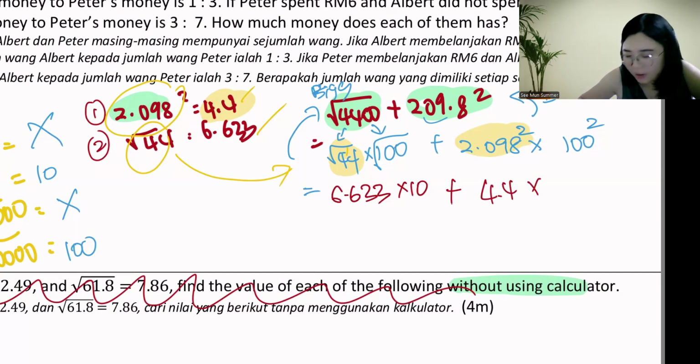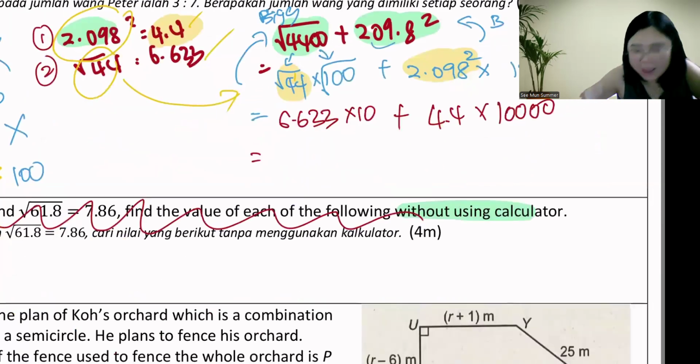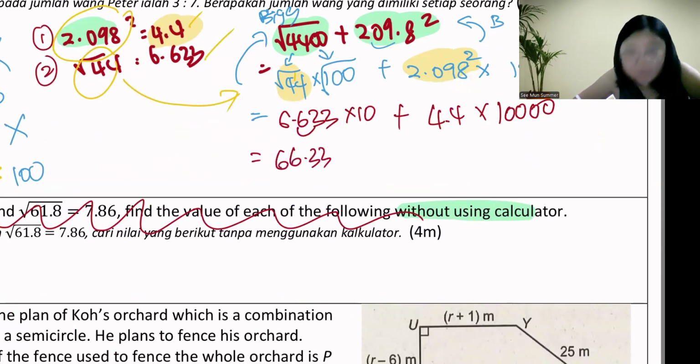What is 100 square? How many zeros do we have? 4 zeros. Now next step, last step, we times this, move the decimal at the back. So we got 66.33. And then times 4 zeros, meaning 1, 2, 3, 4, so 440000.